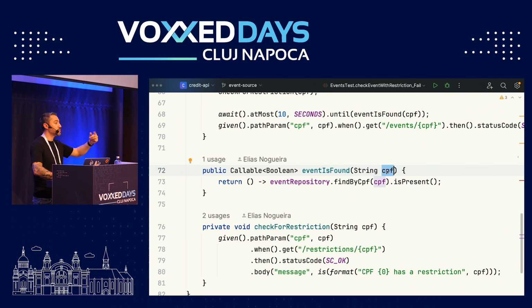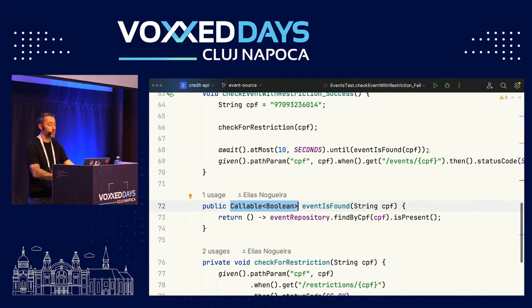But what I'm telling in this code is, this callable boolean will return true when it's found. So this code will loop until I find it. It will return false, false, false, false, false. At some point, it will return true.